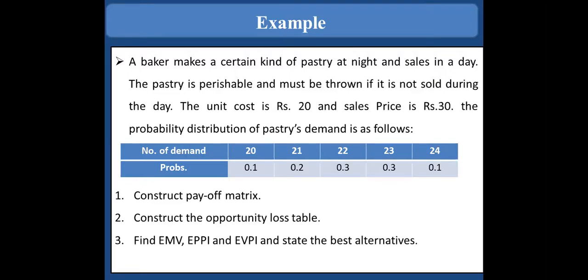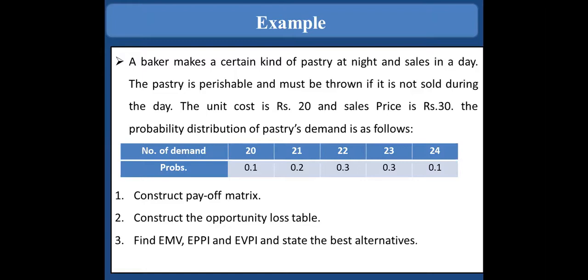That means anyhow a pastry maker has to sell the pastry on that particular day. The unit cost is ₹20. So please note down here, unit cost is 20. Sale price is 30.